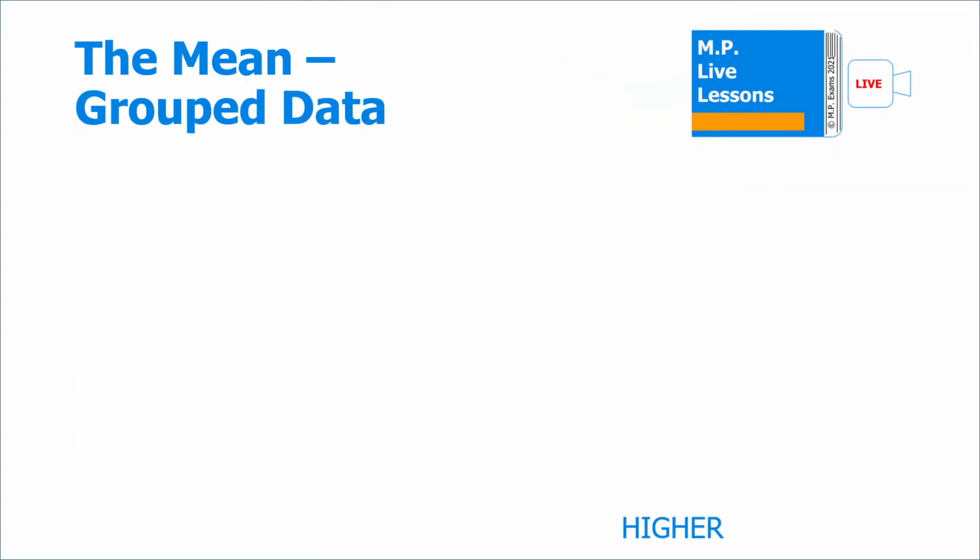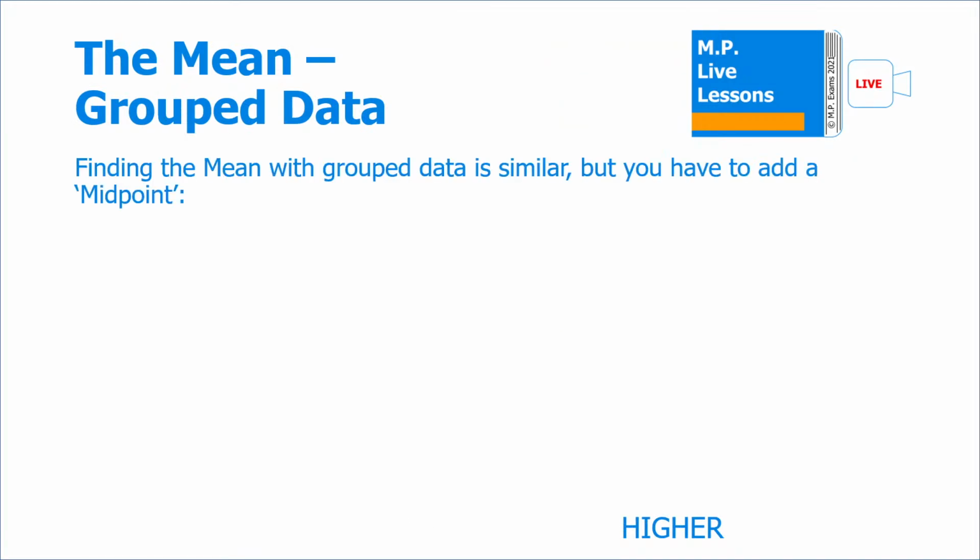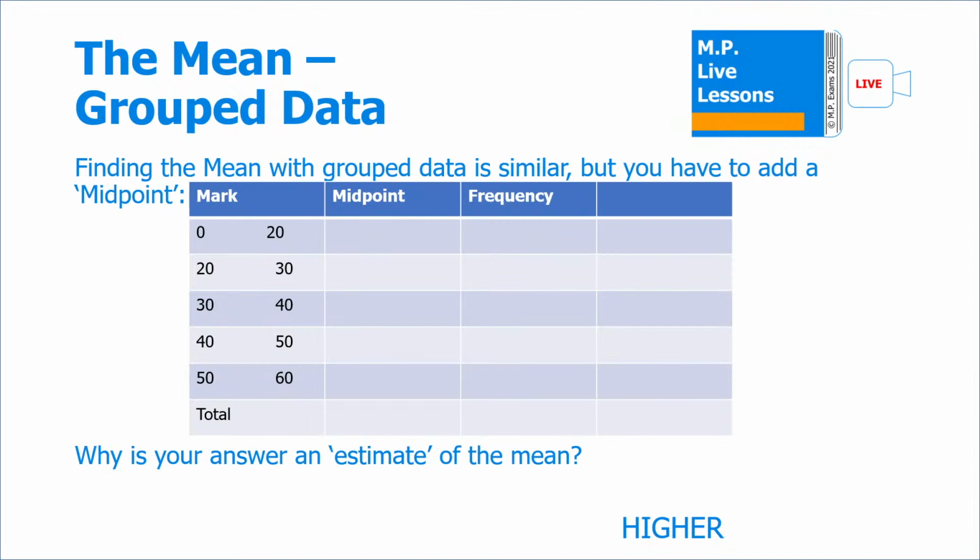Now you could find the mean from grouped data this time. It's similar, but you just have to use a midpoint instead. This is just in between the upper and lower bounds.